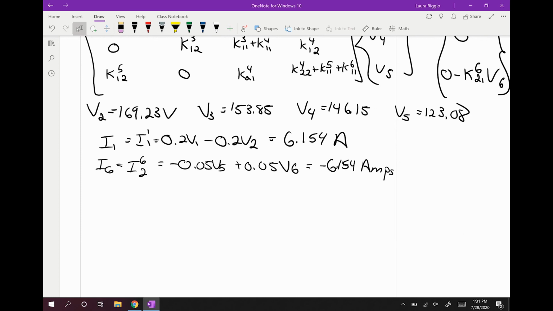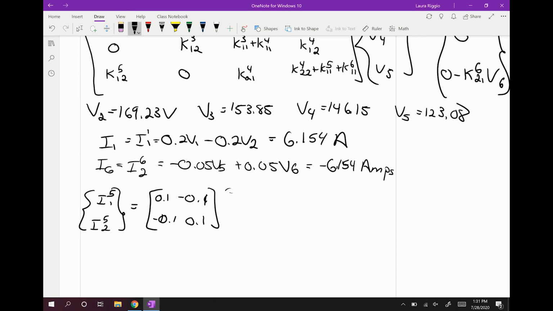So the current in element 5, I5, is equal to 0.1 minus 0.1 times V5 and V2.